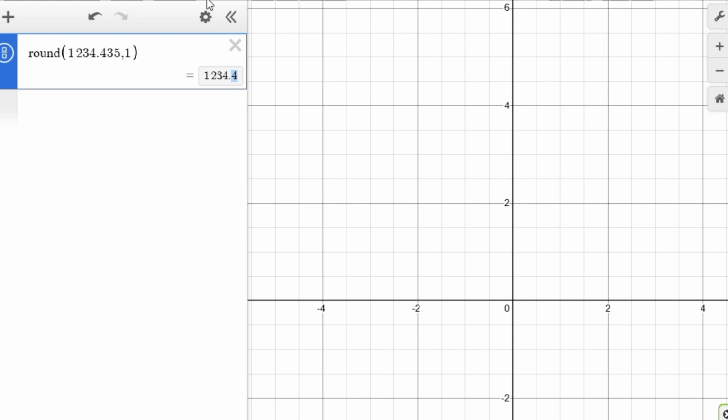Then you just write 2 instead of 1, and it will round to the nearest hundreds, and it's the same thing for the nearest 1000. And yeah, in this case, it will be 1234.435, basically.